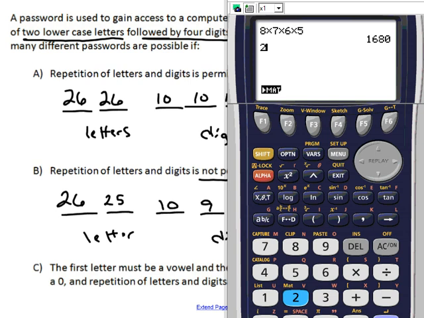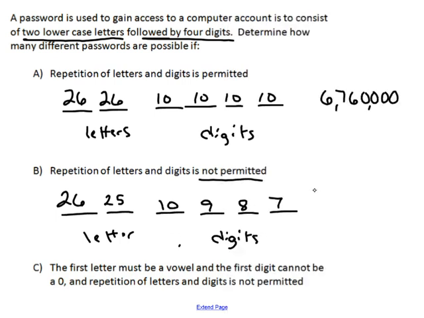We'll do 26 times 25 times 10 times 9 times 8 times 7. Notice that just by disallowing the repetitions, our passwords were almost cut in half. This is 3,276,000.